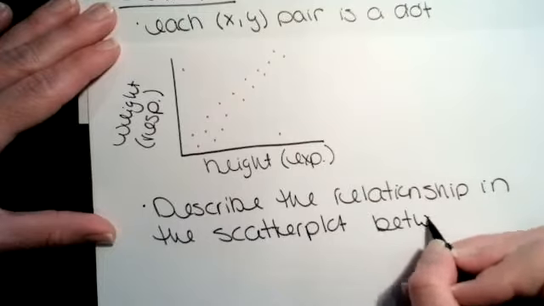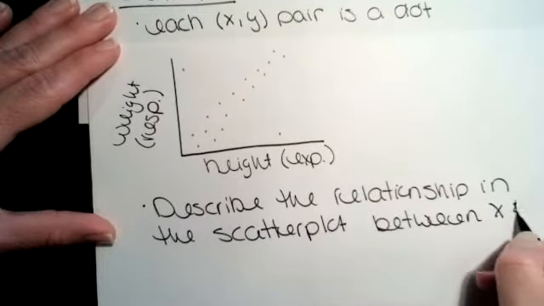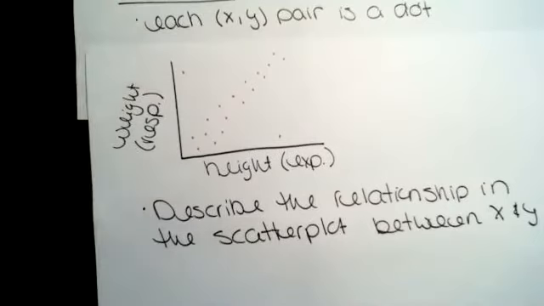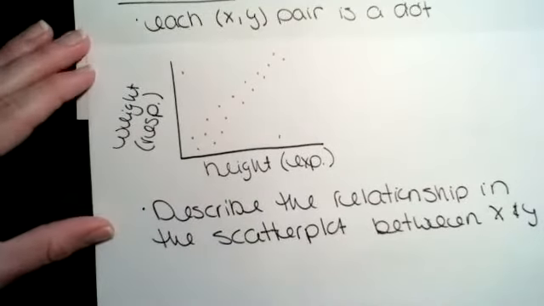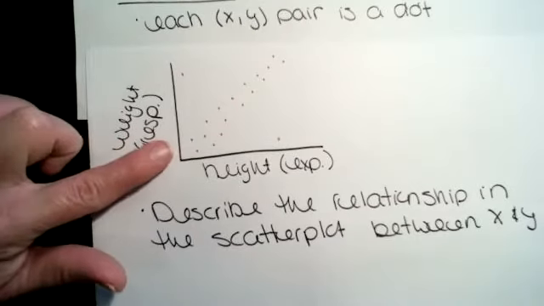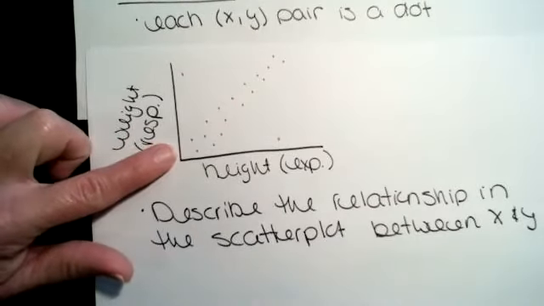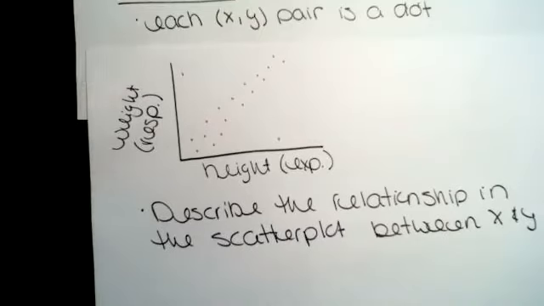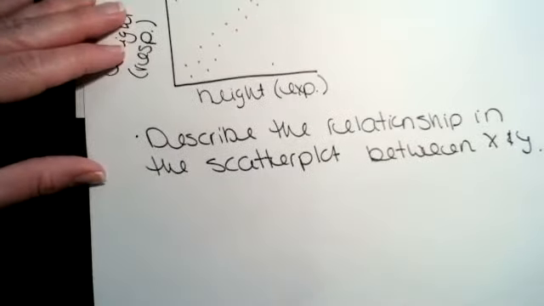So I want to describe the relationship in the scatter plot between X and Y. So I don't have anything numerical to back up anything I'm saying. I'm just going to view this scatter plot and give some information based on what I see here.